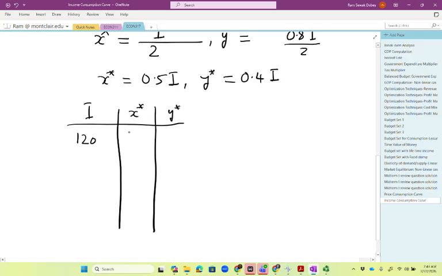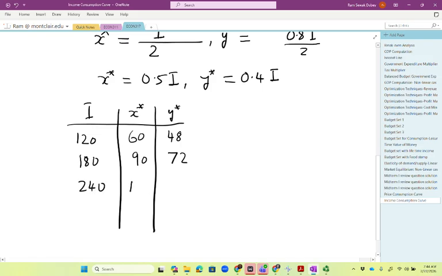This gives me X star to be 60, Y star to be 48. I go to an income of $180: X star is 90, Y star is 72. Then I have 240.